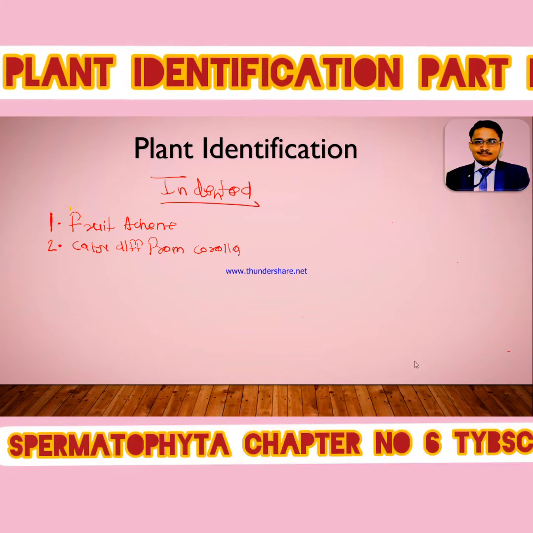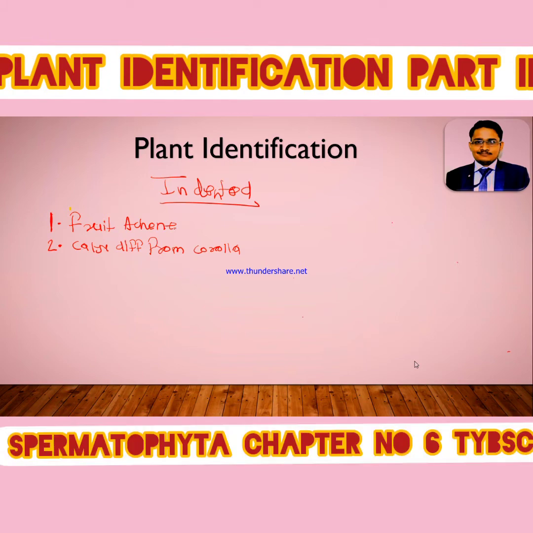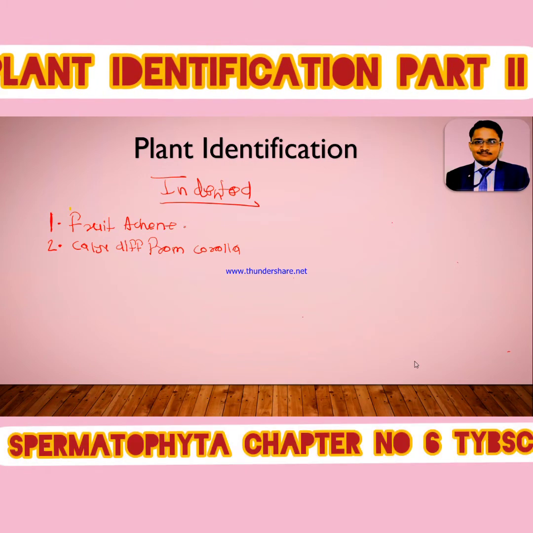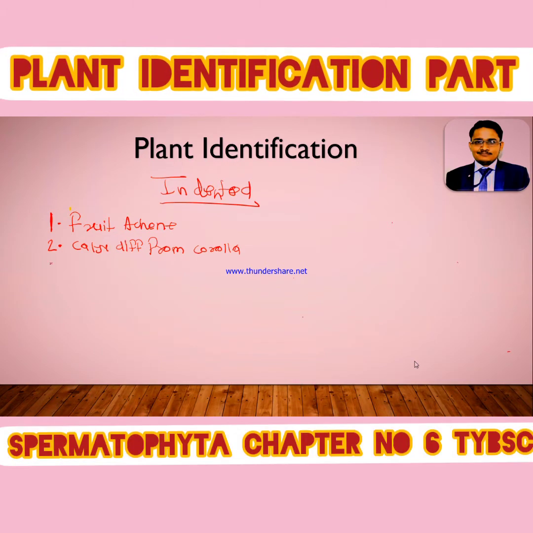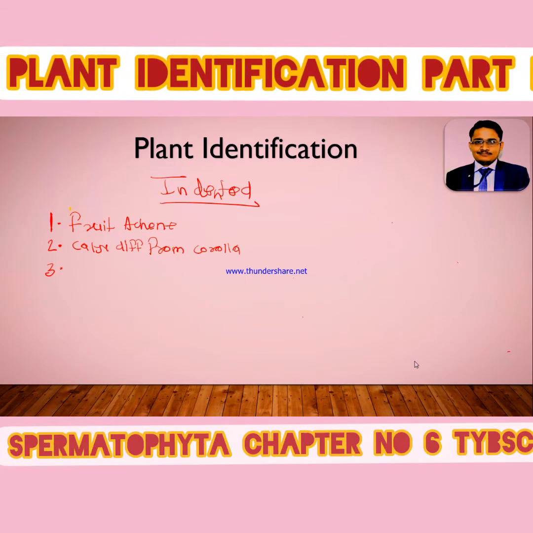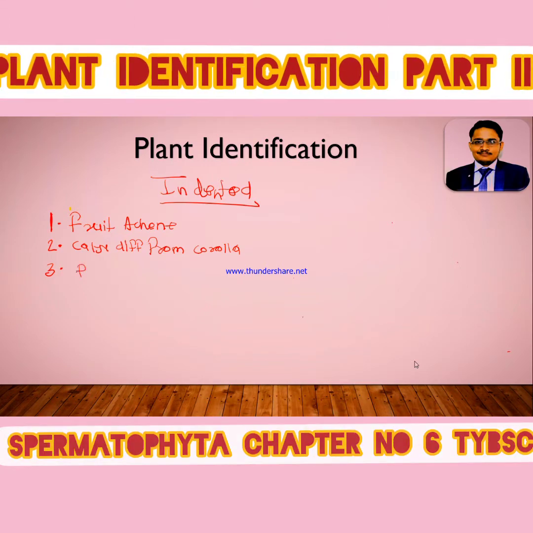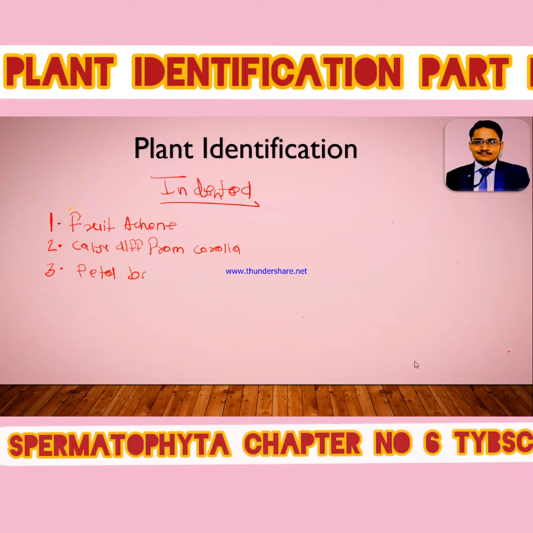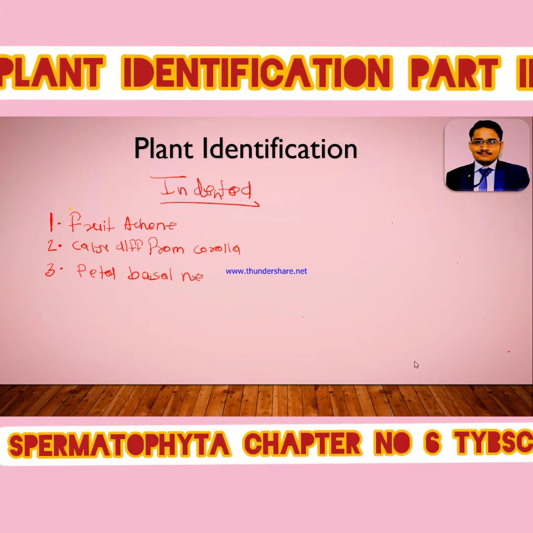Okay. If your plant obeys character number 2, if the first character is present in your plant, then go to the second character. If the second character is also present, then go to character number 3. That means petals with a basal nectary.